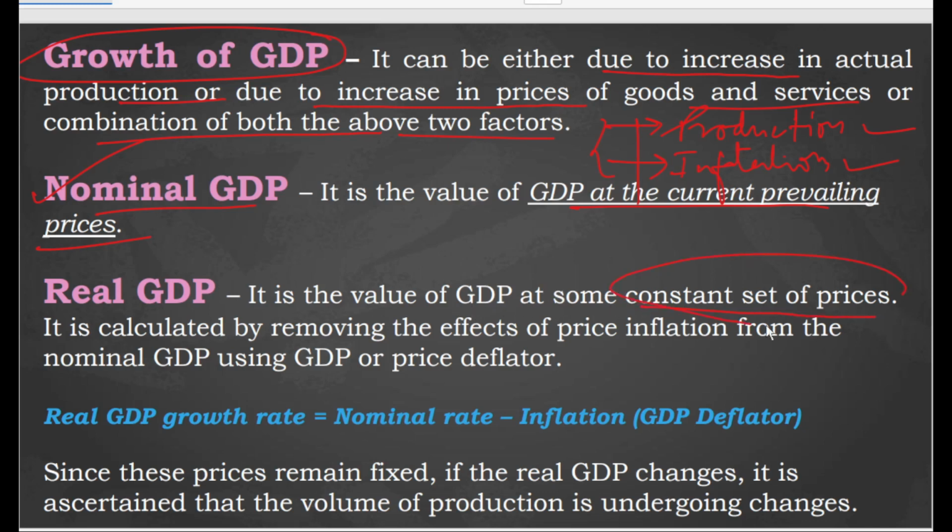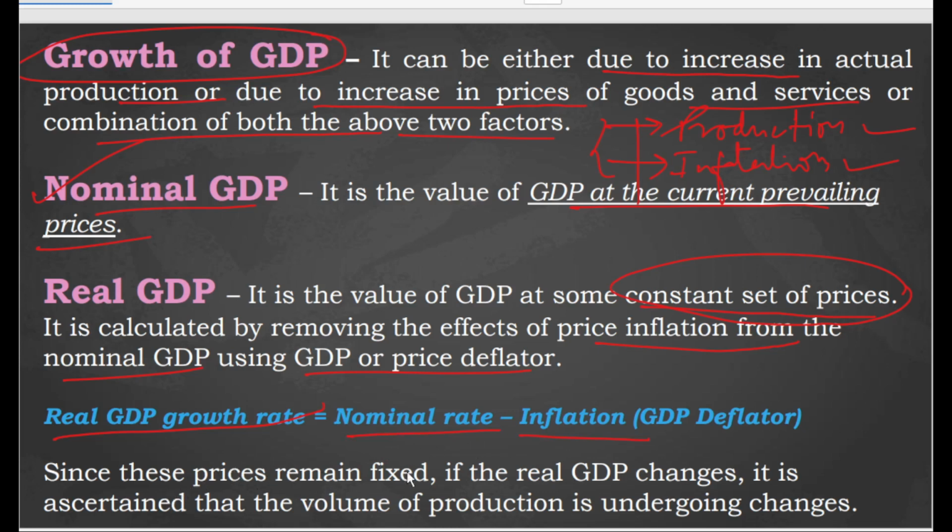Here we calculate GDP at a constant price, by removing the effect of price inflation from the nominal GDP using the GDP deflator, right? So real GDP growth rate equals nominal growth rate minus inflation.